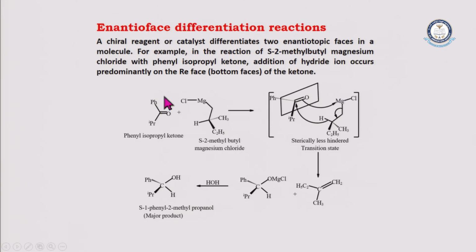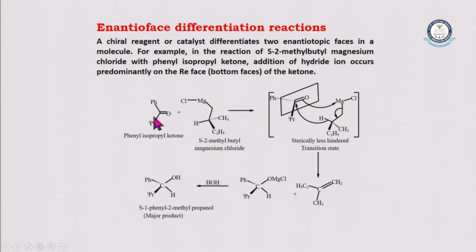For example, when it is attacking from the top face, where the bulky phenyl group is, this methyl Grignard reagent does not attack from the top face due to the steric hindrance of this phenyl group. So it is attacked from the bottom face, because the isopropyl group is not as bulky as the phenyl group.